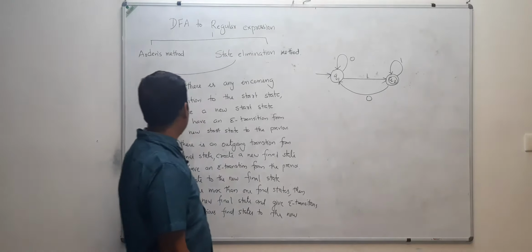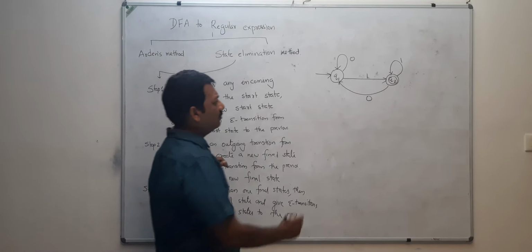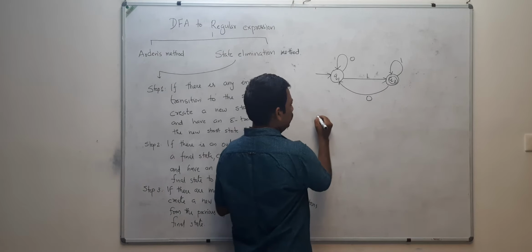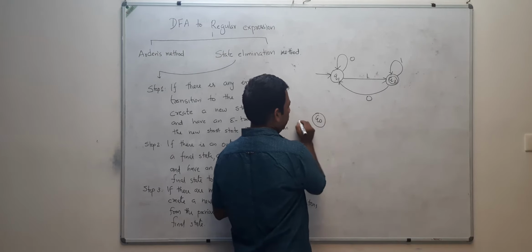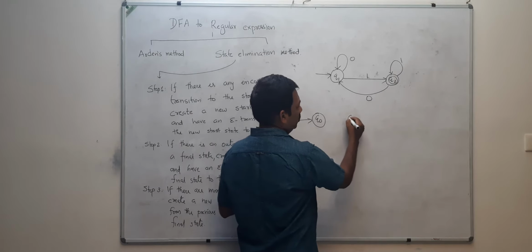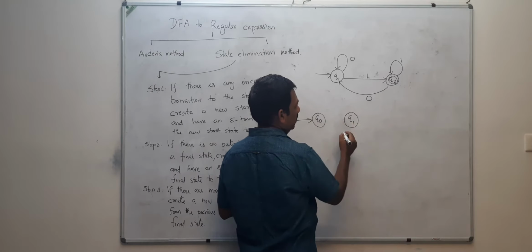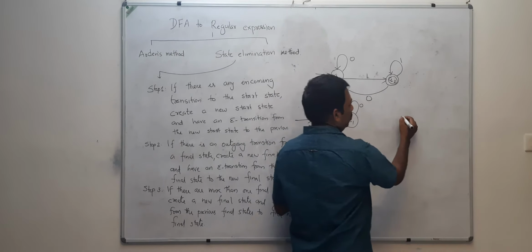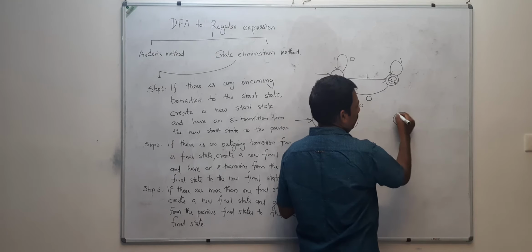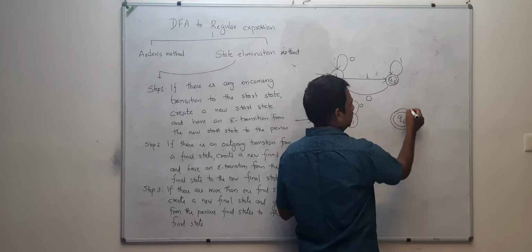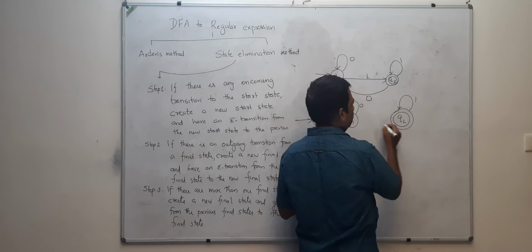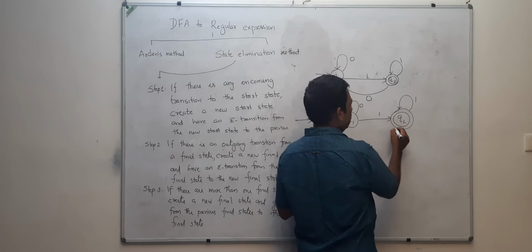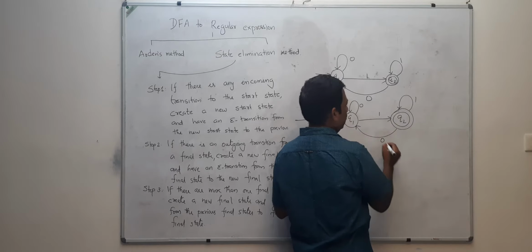And as per rule number 1, I am going to create a new start state Q0, and Q1 is there, and this is the original one. Q2 you have, that is the final state, and 1 you have here and 0 here.